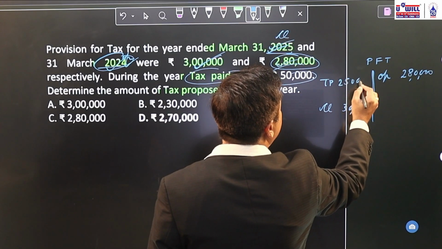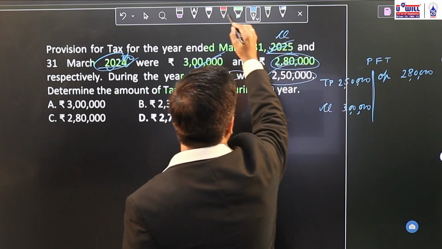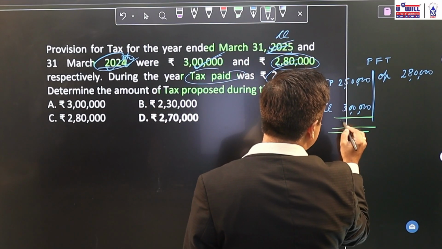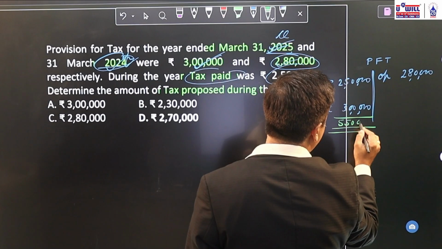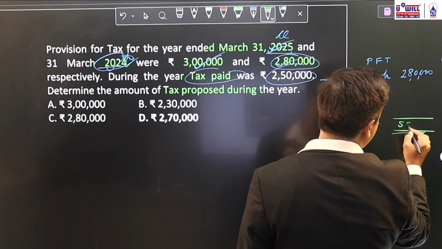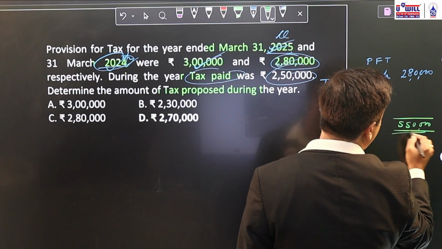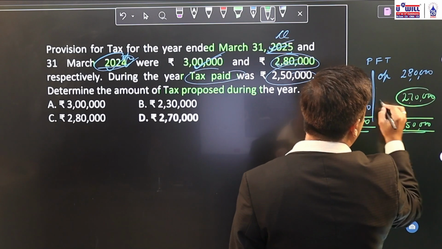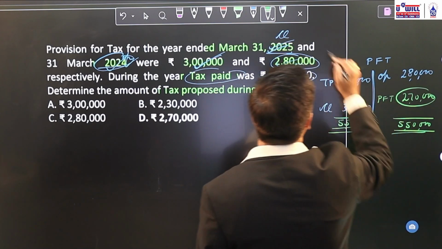Now whatever amount remains on the credit side, that much provision we have to make in the current year. So 2 lakh 50 plus 3 lakhs, 5 lakh 50. 5 lakh 50 minus 2 lakh 80 is 2 lakh 70,000. Means 2 lakh 70,000 of provision for tax will be made in the current year.